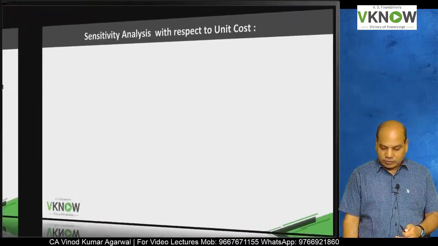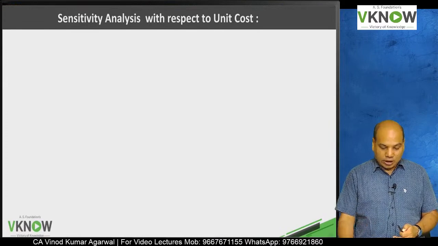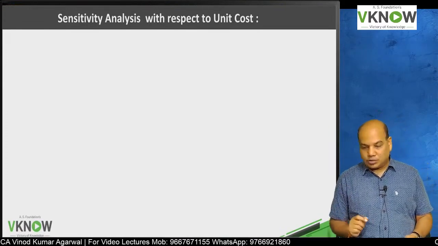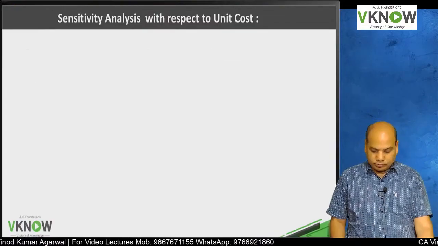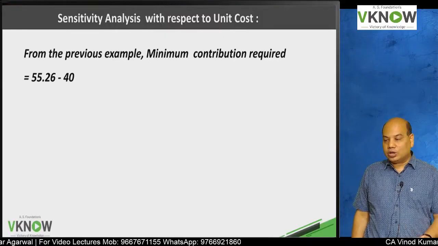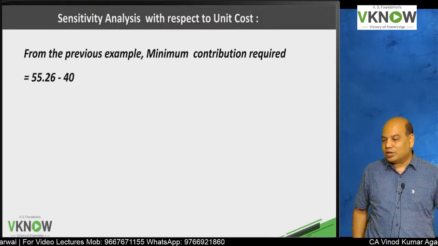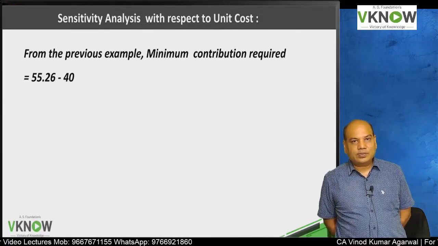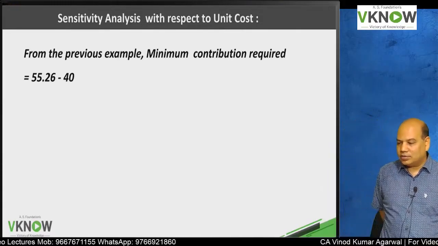Very good answer. That way you have to think. Write down below nicely sensitivity analysis with respect to unit cost. Don't solve the equation and invest your time, not required. Sometimes smart work is more important than hard work, and this is one example where smart work is required.